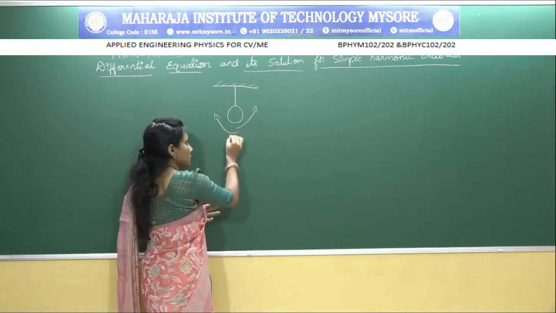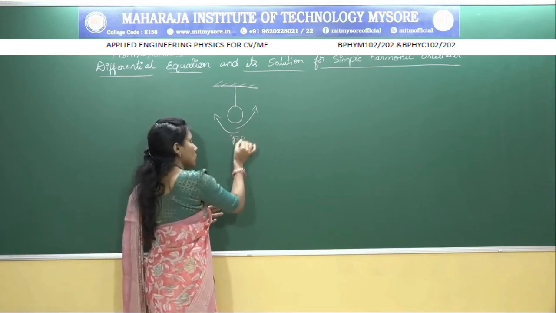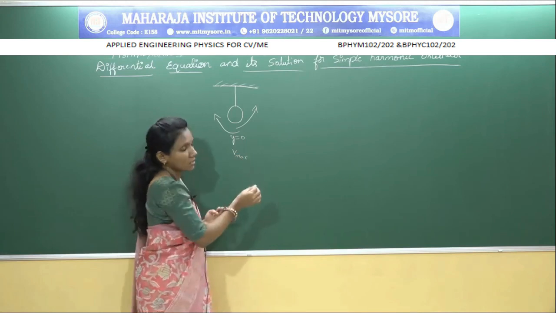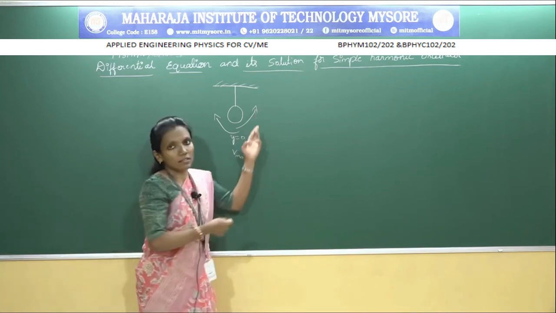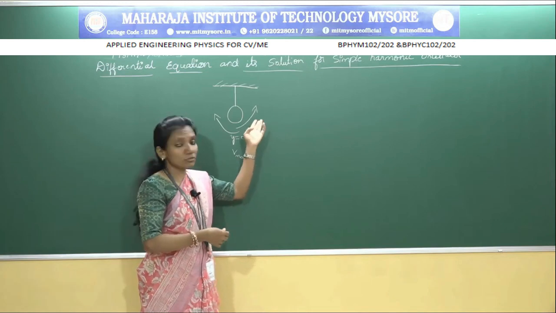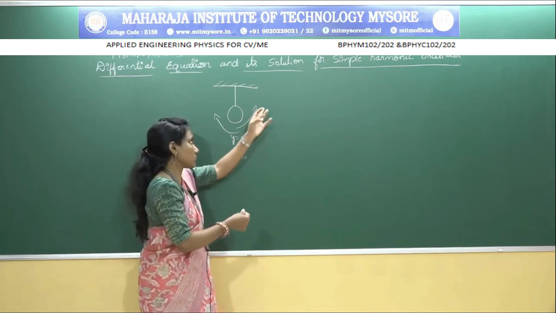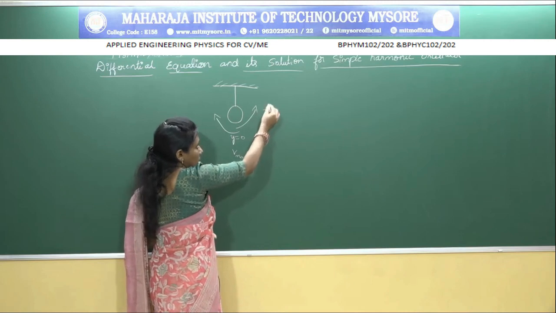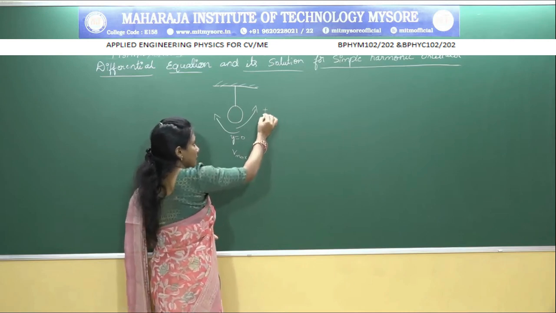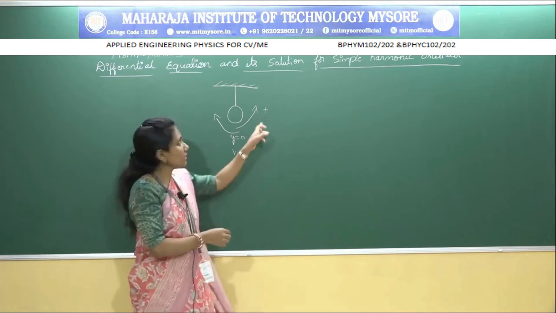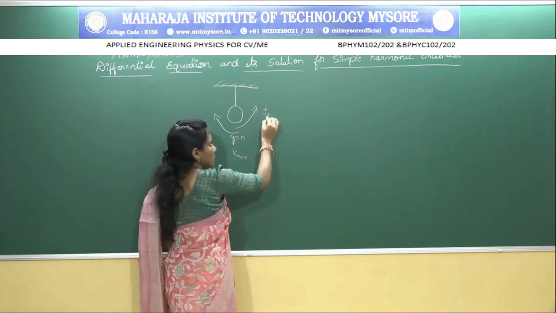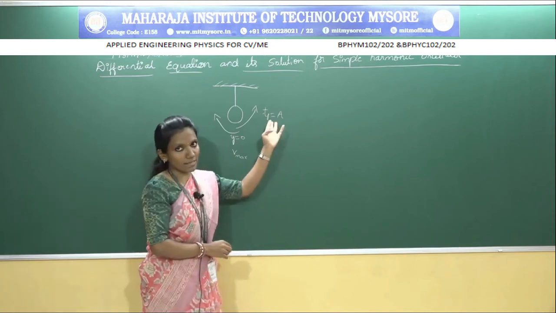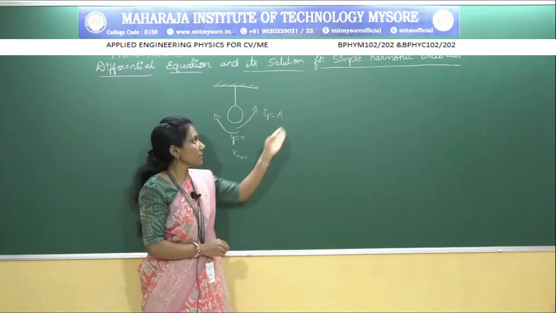At the mean position the displacement is 0 and the velocity is maximum. At the extreme point the displacement is maximum and the acceleration is opposite to the displacement. Suppose y is equal to a, so the particle is oscillating with the amplitude a.